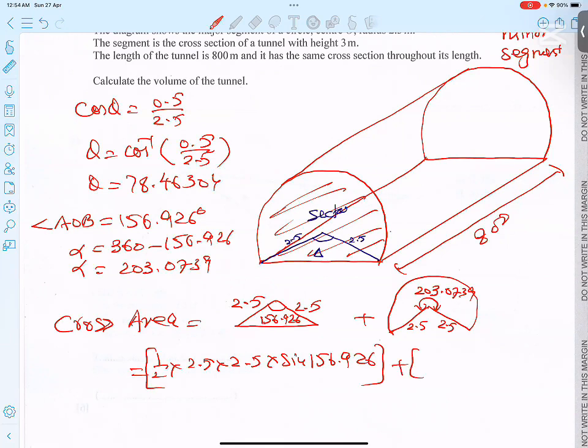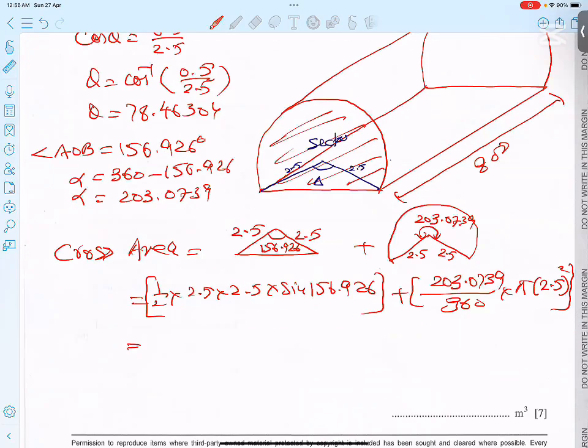And now, what is the sector? Theta over 360 multiplied by pi r squared. Students, it will give me the cross-section area. So let me find it. Half into 2.5 into 2.5 into sine of the middle angle 156.926, and this answer comes to 1.224749.